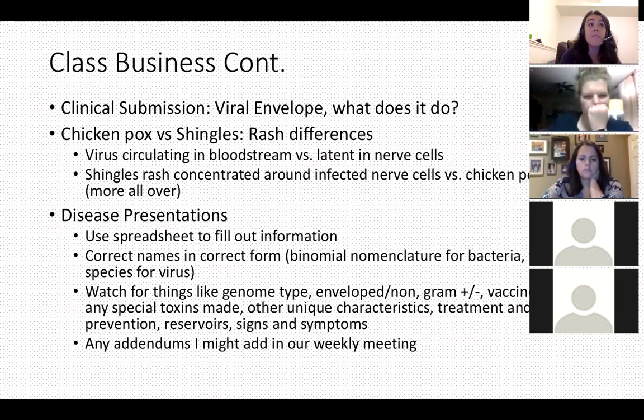And so that's why if you have shingles more than once, oftentimes you see the rash in the same place, because those are the nerve cells that it's hanging out in. So it's kind of what that answer was looking for. A lot of times with shingles, you'll see it on the trunk of the body, oftentimes just on one side of the body. And that rash is more concentrated in that one area instead of all over like chickenpox is.